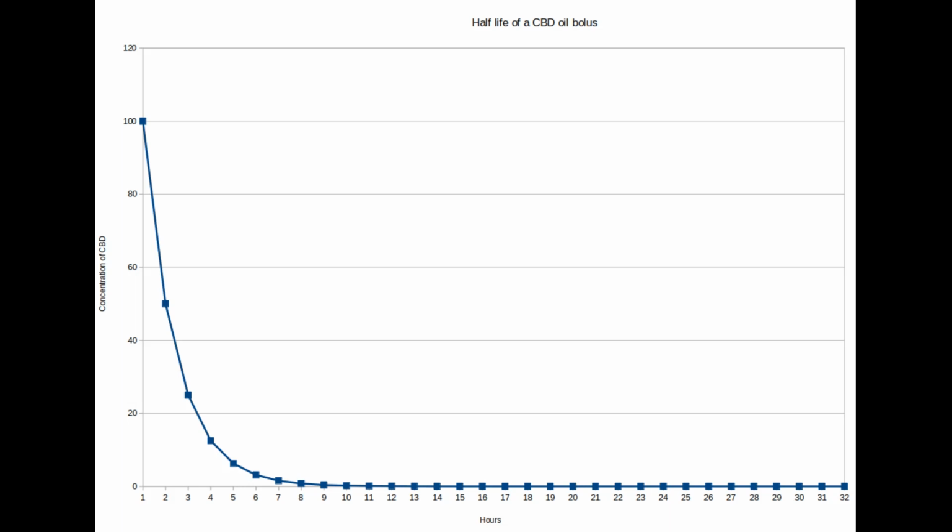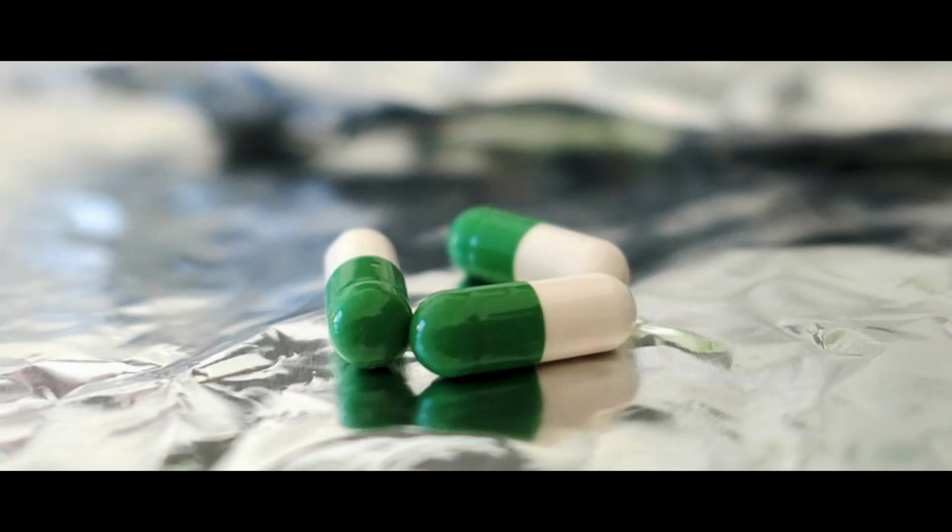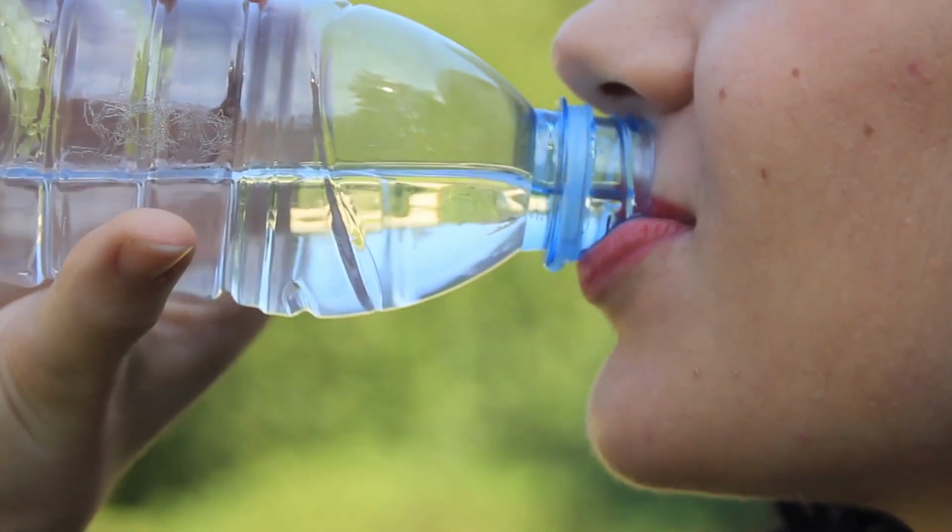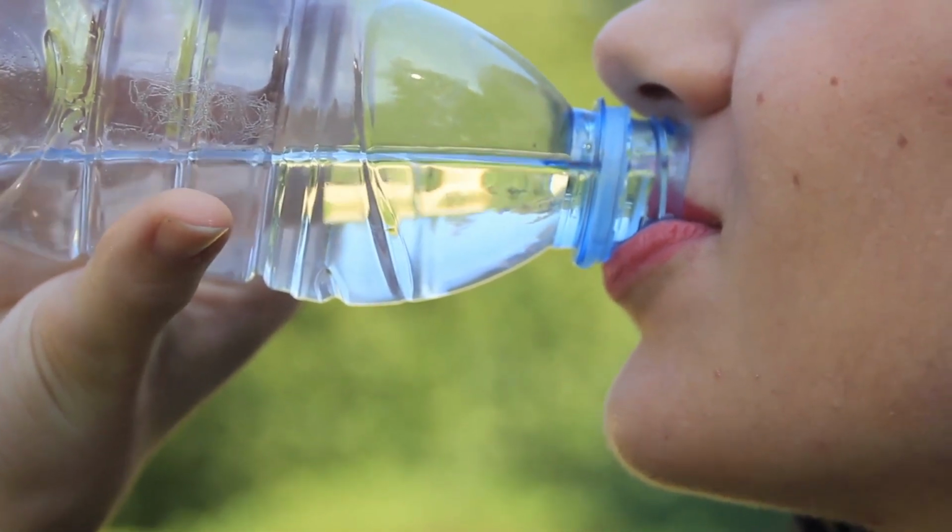In theory, after something between 8 to 12 hours, just about all of the drug is gone. The practical implications for most drugs are that after 5 to 6 hours, what remains has negligible effect. Contrast this with something like water that can remain in the body for between 7 to 14 days.